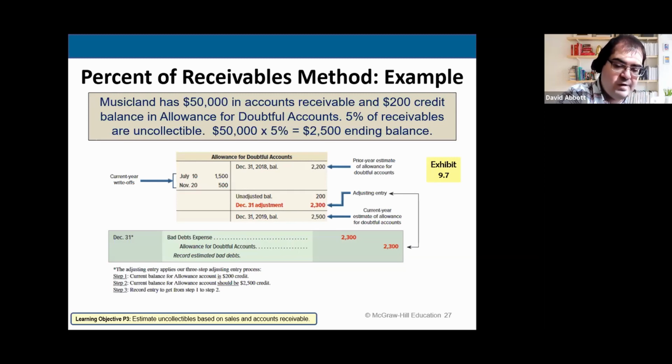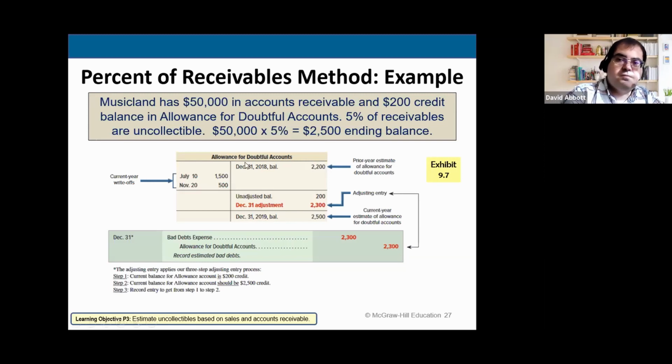Musicland's beginning balance is $2,200 on December 31st of 2018. So during 2019, accounts of customers were written off on July the 10th and November the 20th. Thus, the account has a $200 credit balance before the December 31st, 2019 adjustment. The adjusting entry of $2,300 will give the allowance account an estimated $2,500 balance as shown on this slide.